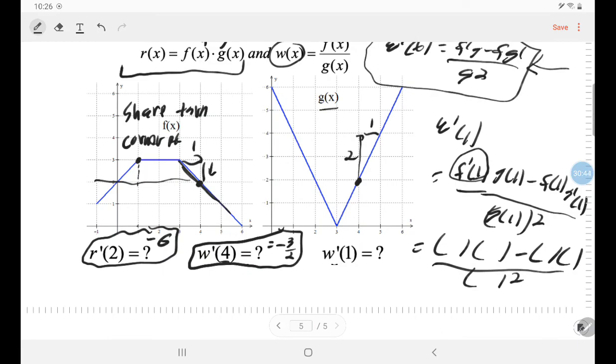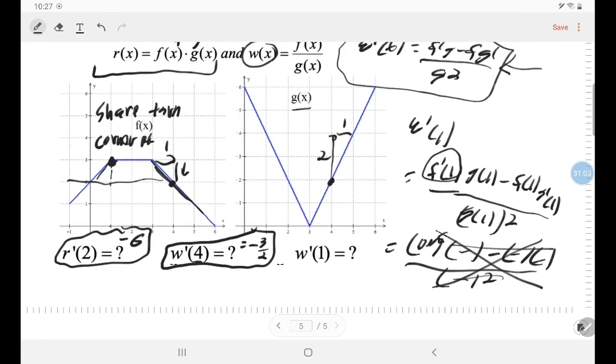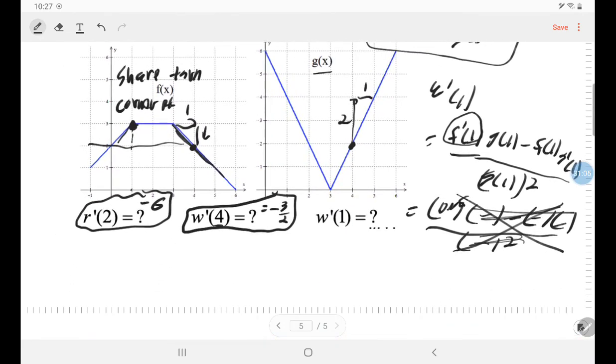Either way, I know the derivative of a function at a sharp turn is that the function is not differentiable. So this is a does not exist. F prime at 1 does not exist. You say, well, what about the rest of it? I don't care. If even one of those components does not exist, it means this answer does not exist. One bad apple does in fact spoil the whole bunch.